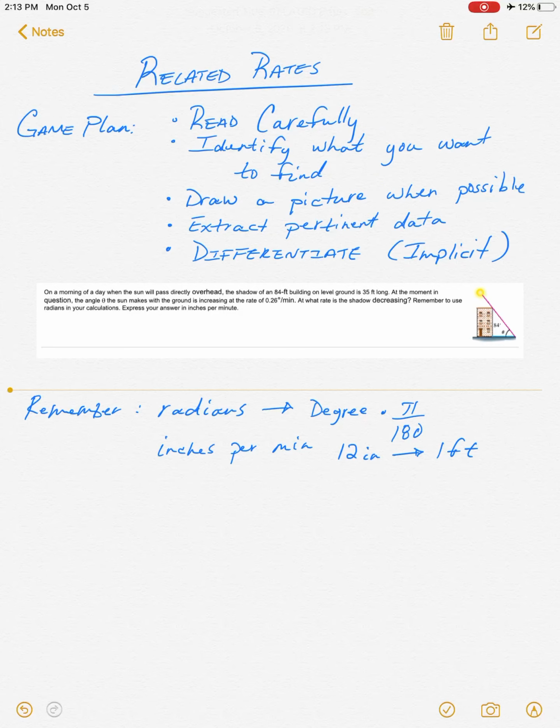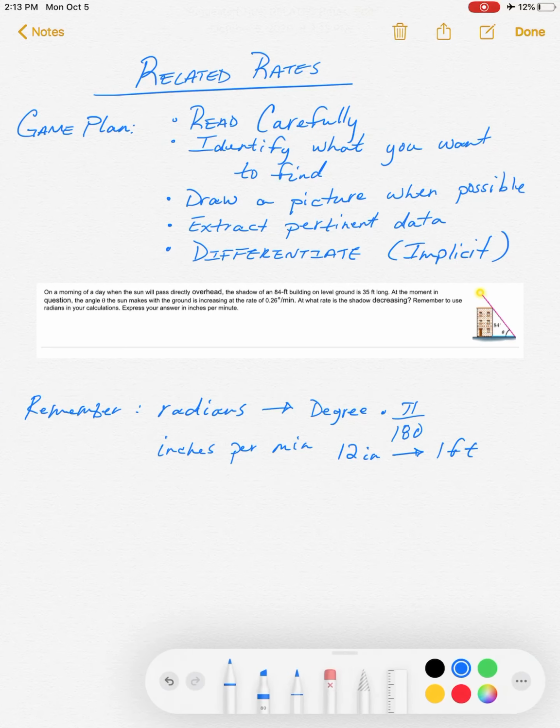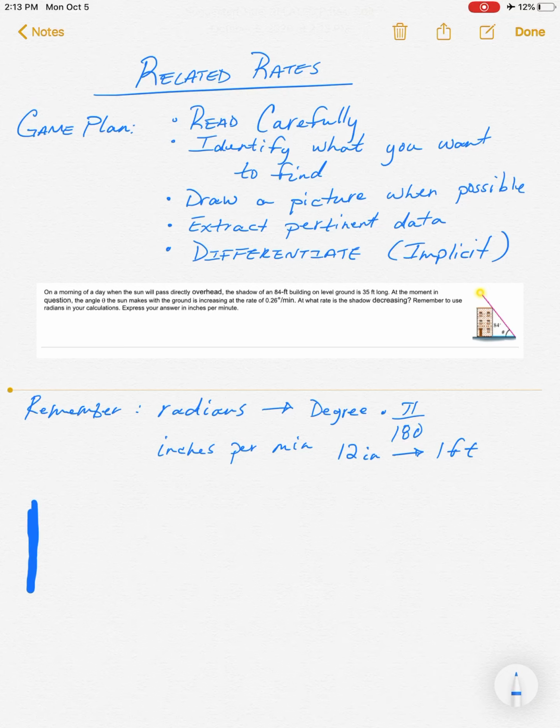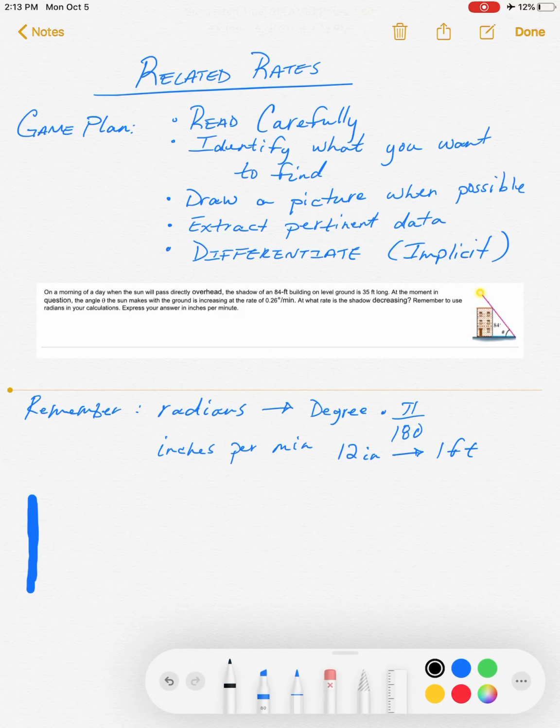Now, it says on the morning of a day when the sun will pass directly overhead, the shadow of a building right there is... the building's 84 feet tall. So I'm just going to go ahead and draw a little picture. This thick blue portion right here will be my building.